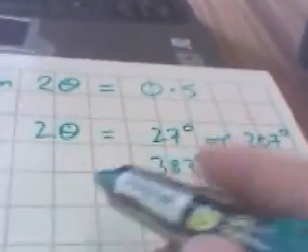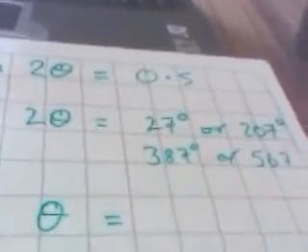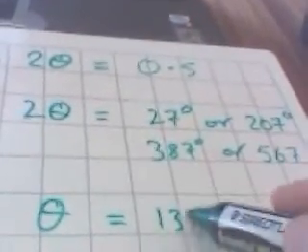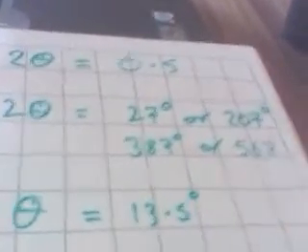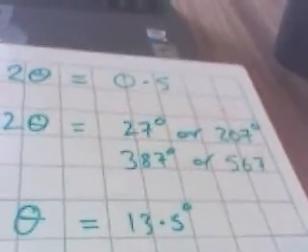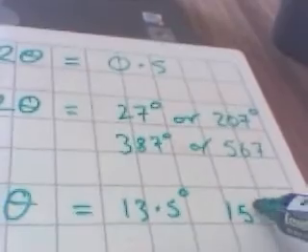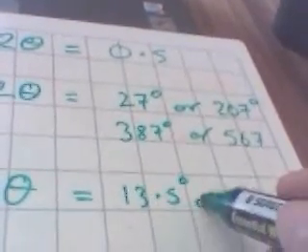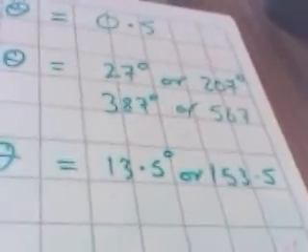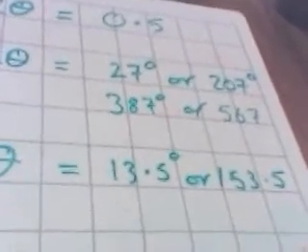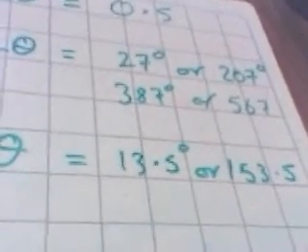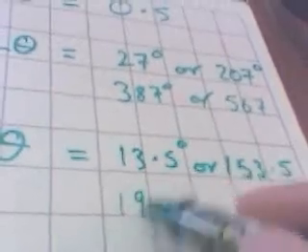Now don't forget we haven't divided by 2 yet, so once we divide by 2, we're going to get 13.5. Yes, the rounding's not very good there, but never mind. 153.5. And then we have 193.5.